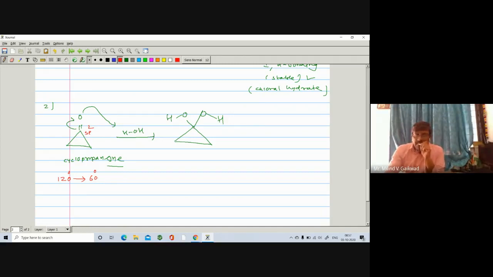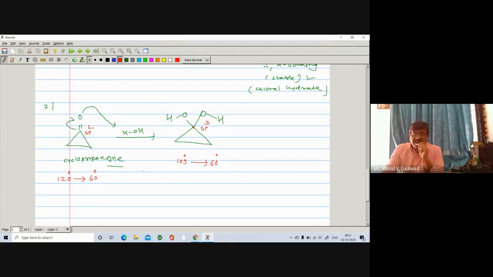But in this case, you'll find that this carbon is sp3 hybridized, which means the internal bond angle should be 109 or 109.5 degree. So here it was 109, it converts into 60, means here the groups are maximum away from each other.